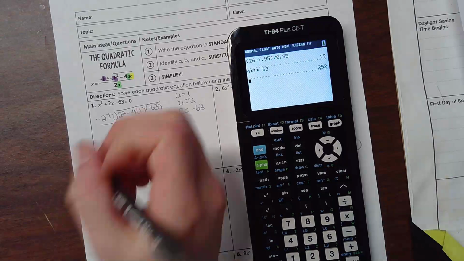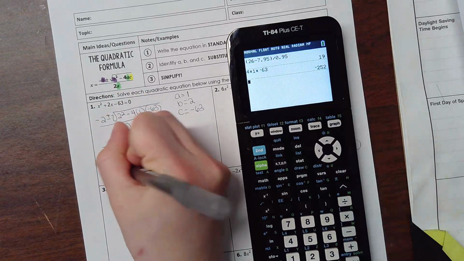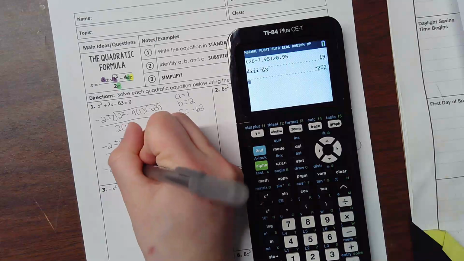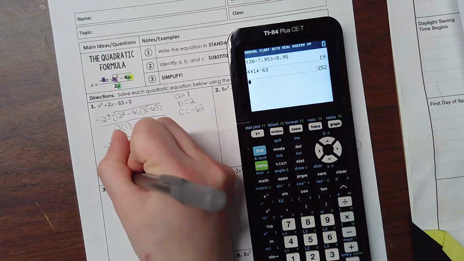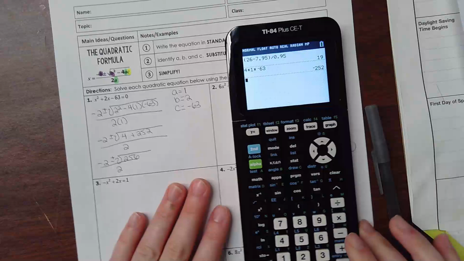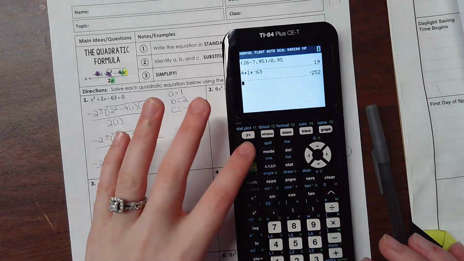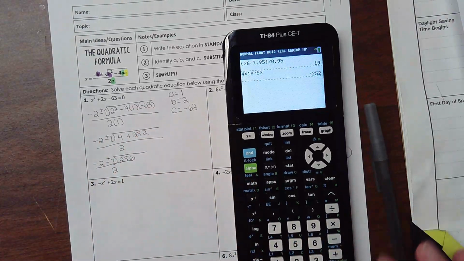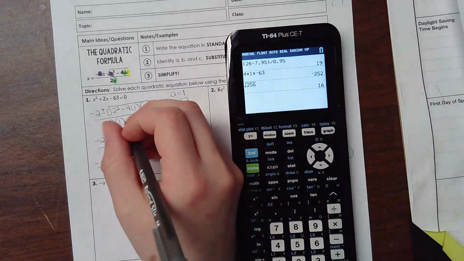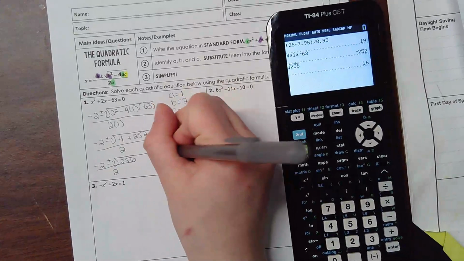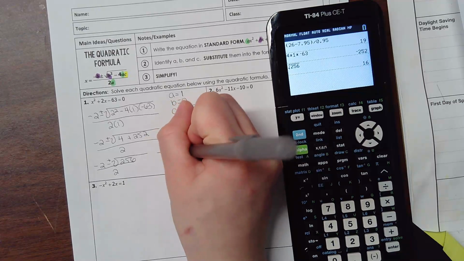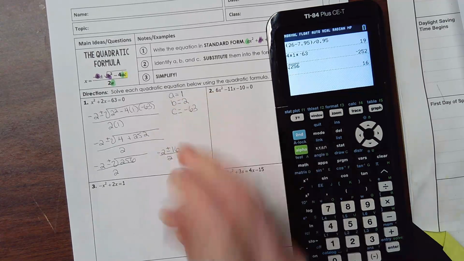So then I'm going to add these. I get negative 2 plus or minus the square root of 256 divided by 2. Which means now I need to find the square root of 256, which happens to be 16. So now negative 2 plus or minus 16 all over 2.